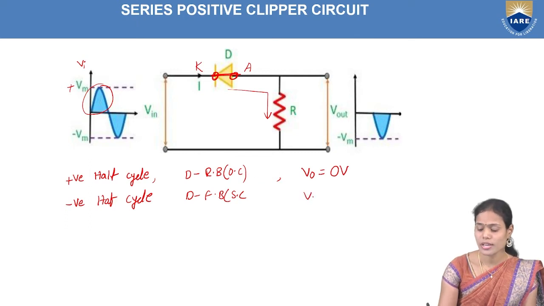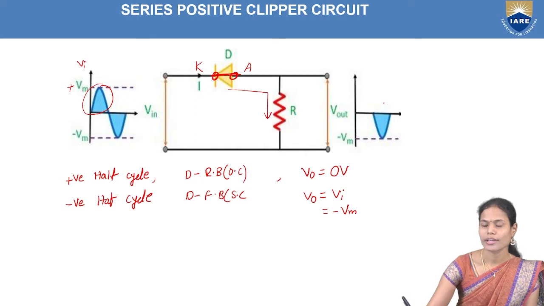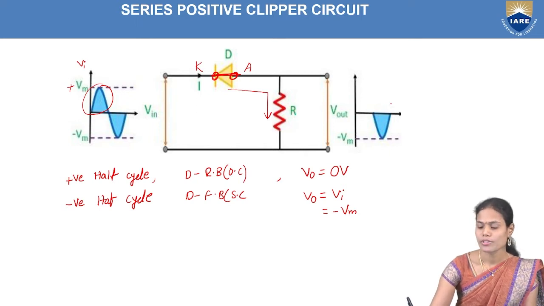How much output voltage I am getting depends upon how much input voltage I am providing to my circuit, that is Vi. What is my Vi value here? Minus Vm. So I can expect minus Vm as the output voltage during the negative half cycle. This is the output waveform of the series positive clipper.